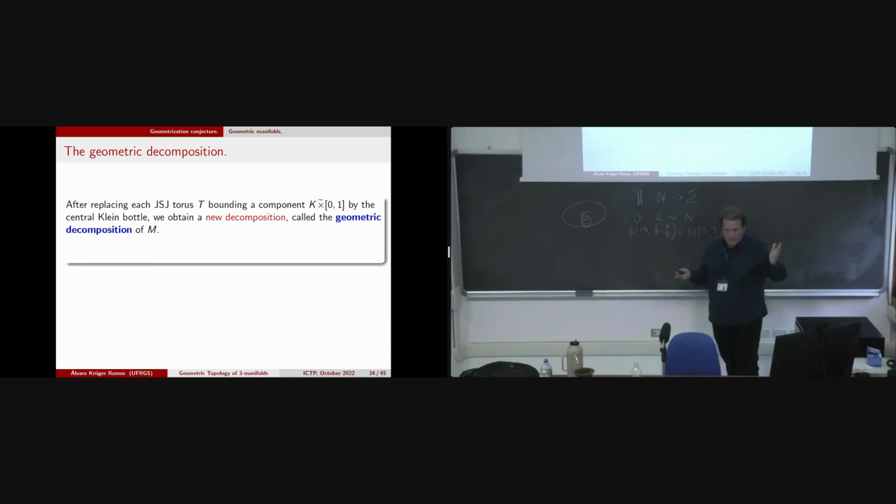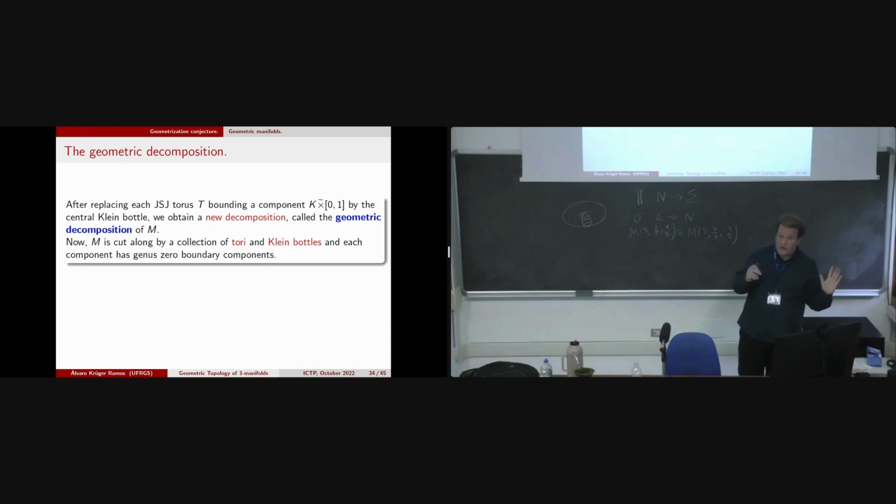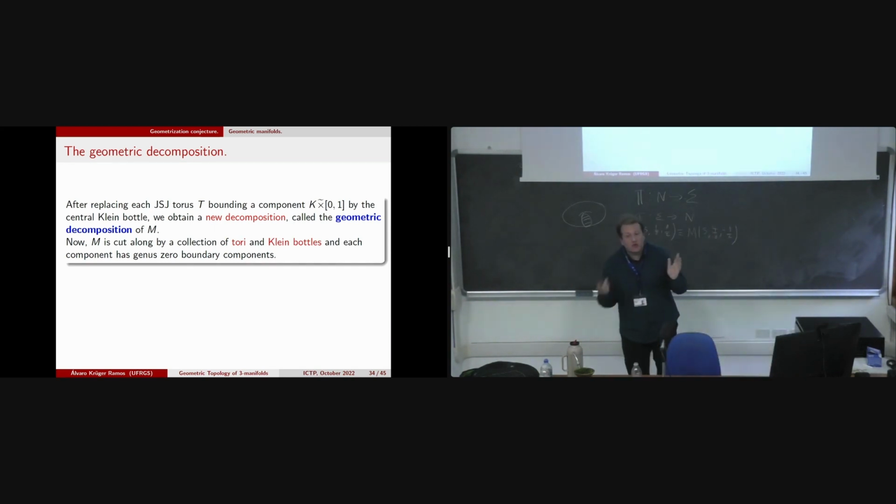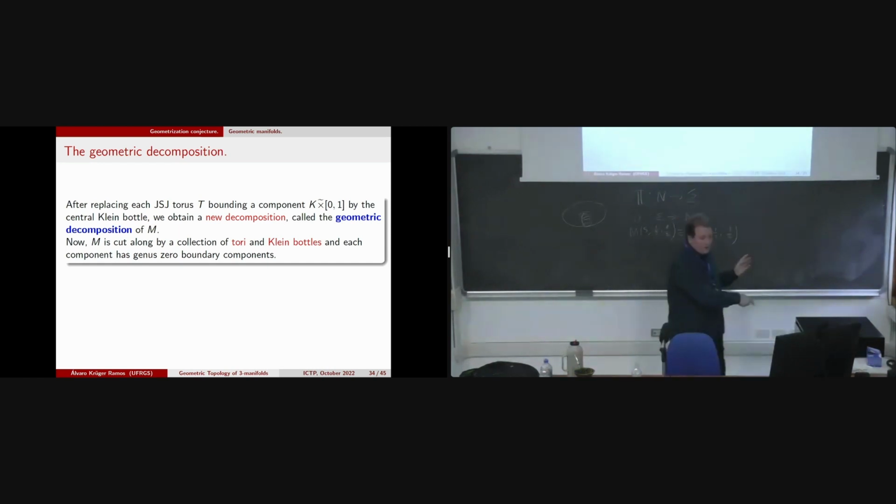After we do this with every component which is the K twisted times [0,1] bundle, we have a new decomposition, and this new decomposition is called the geometric decomposition of M. Now we are not cutting just along tori, we are cutting along tori and Klein bottles.